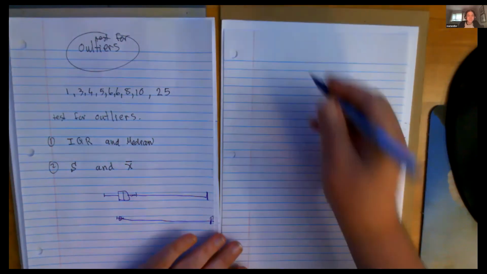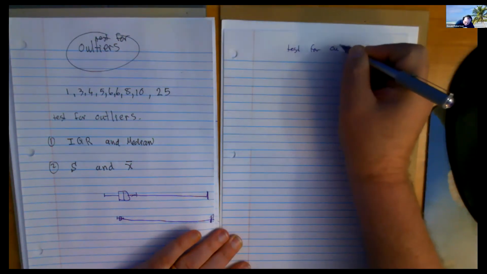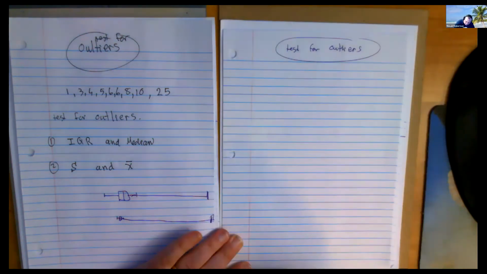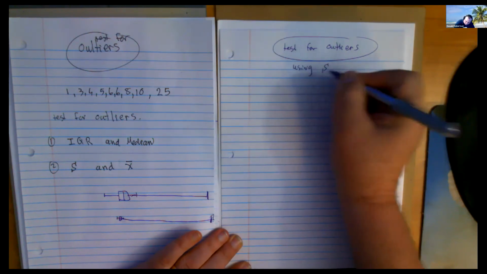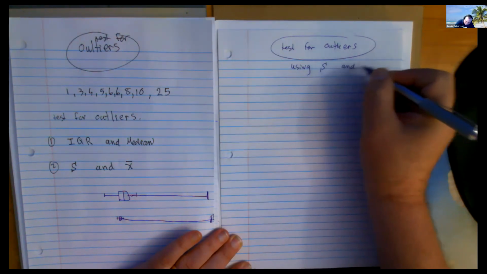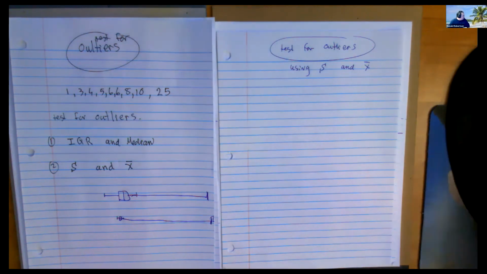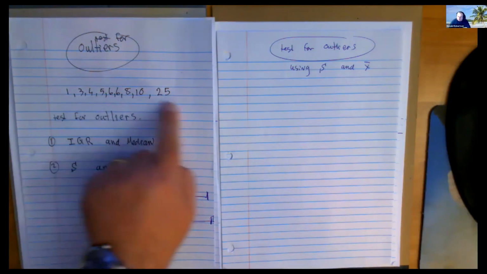Now, we're going to do a test for outliers using standard deviation and mean. Okay, now I have that data that we had originally, which is this set of numbers here, right?